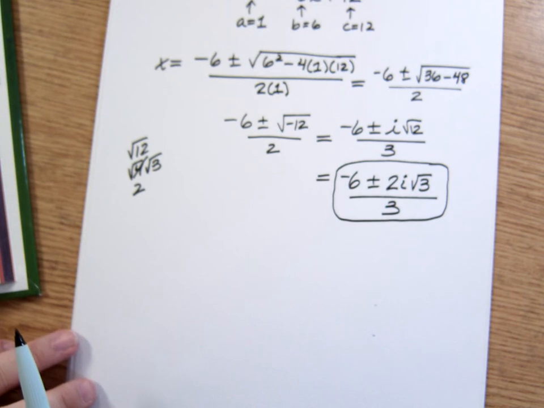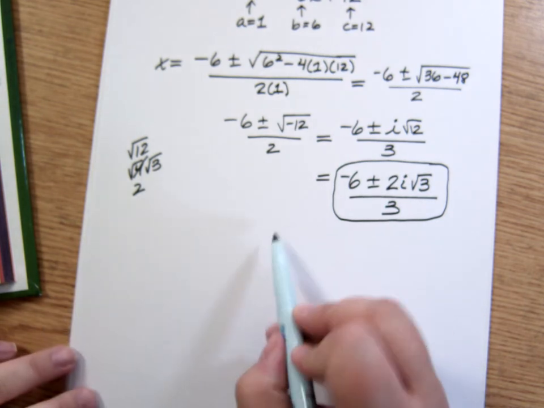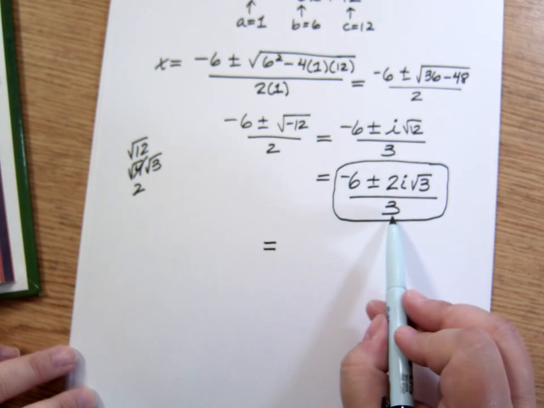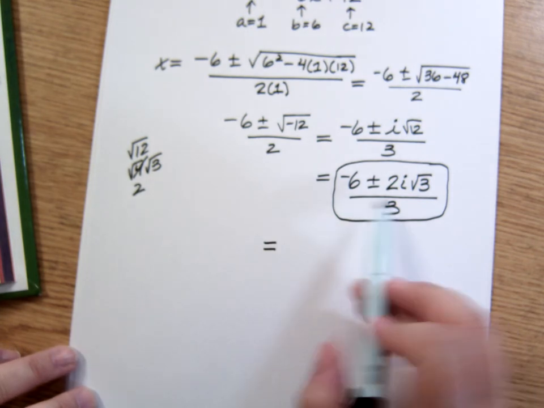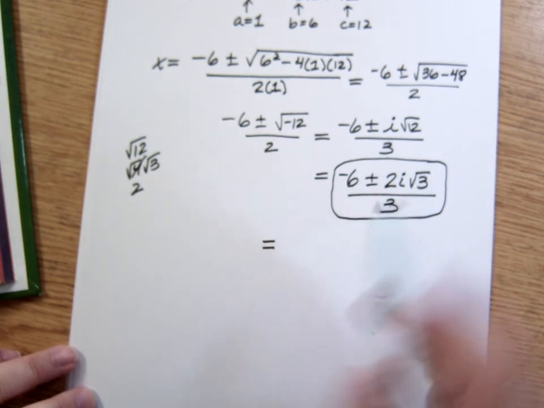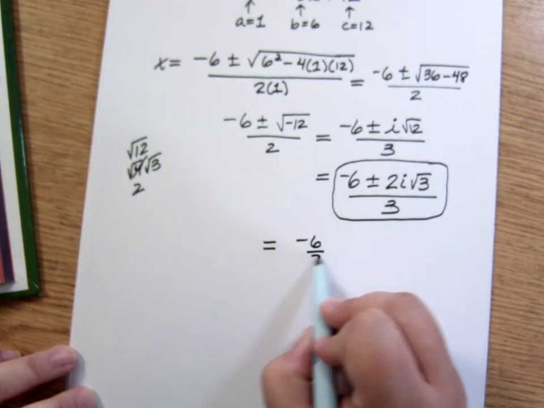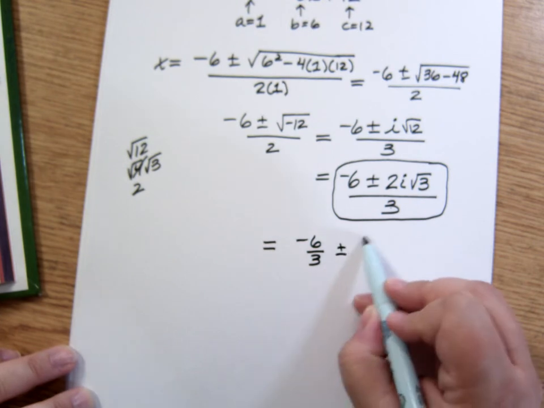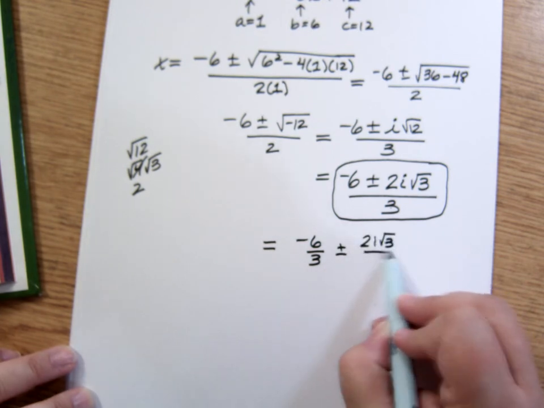The only way it could be written differently, and in this case, after we wrote it differently, then we could simplify, is remember how we broke that fraction apart in the last one? We could do that here. We could put this part over 3 and this part over 3 separately. So that gives me -6 over 3 plus or minus 2i root 3 over 3.